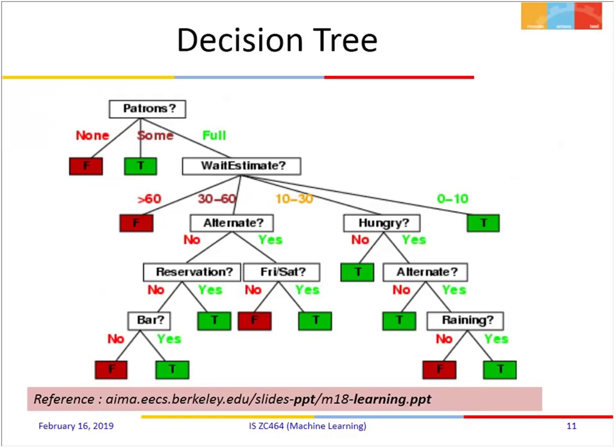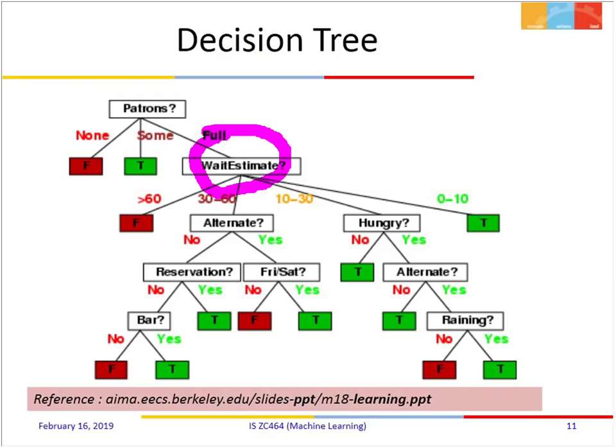Let it be magenta color, and I'm at slide 11. You can see whether it is visible to you, and I'm looking at the weight estimate attribute, right? It has 4 such possible values, and now I'm trying to figure out how many times customers had to wait for more than 60 minutes.